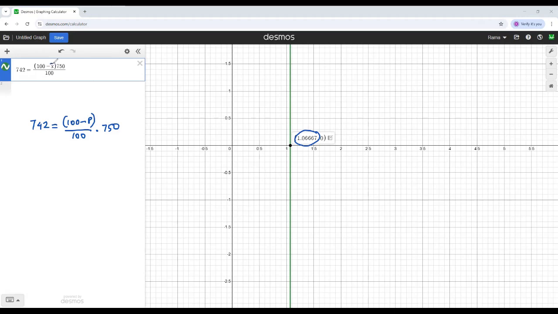That's the value of x in this equation, but we have taken x at the place of p. So this is the value of p. It is p equals 1.06667. According to the instruction, we have to round the value to the nearest hundredth. When I round this value to the nearest hundredth, I am getting 1.07. Therefore, the value of p is about 1.07.